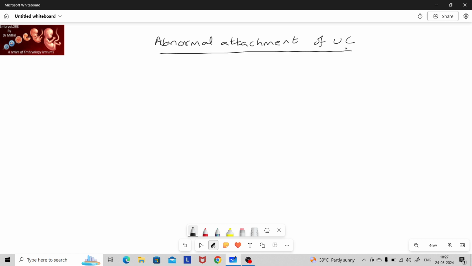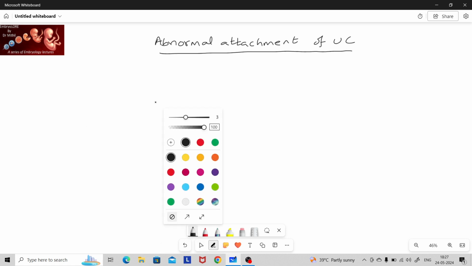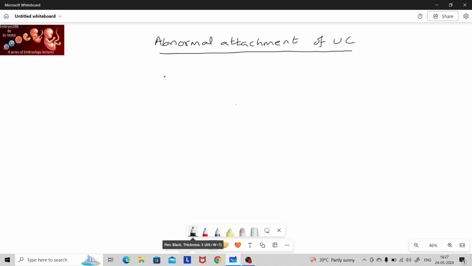Okay, so now let us try to understand. The normal or the paracentral is usually a regular attachment. So that is the normal placenta with a central attachment.